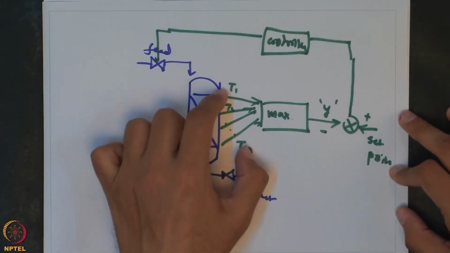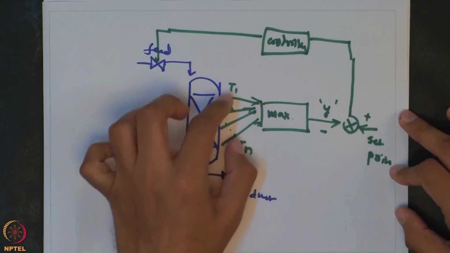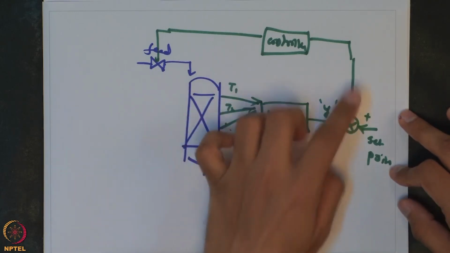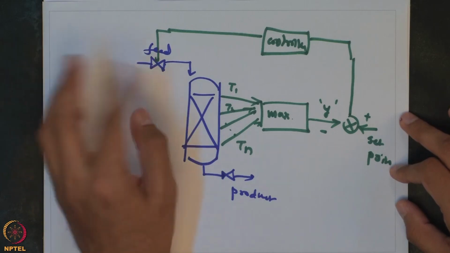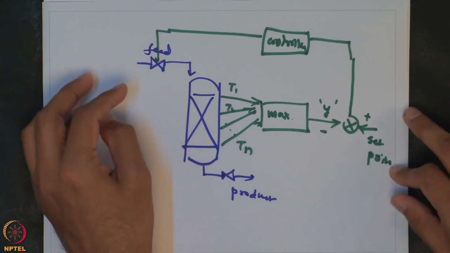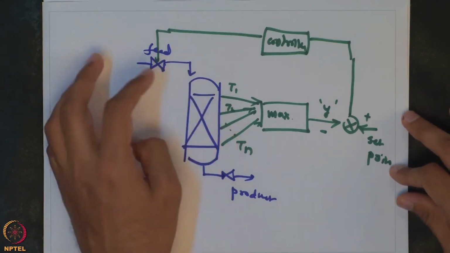We select whichever is the critical measurement and take the control action according to that. That is the main difference between override control and auctioneering control, but both of these control strategies fall under selective control, because we are selecting out of multiple possible control variables or measurements. This kind of strategy is very commonly used to control hotspot temperature in a fixed bed catalytic reactor.